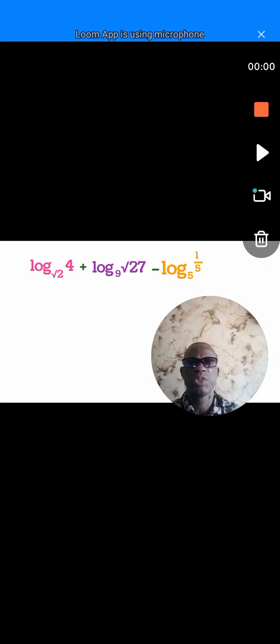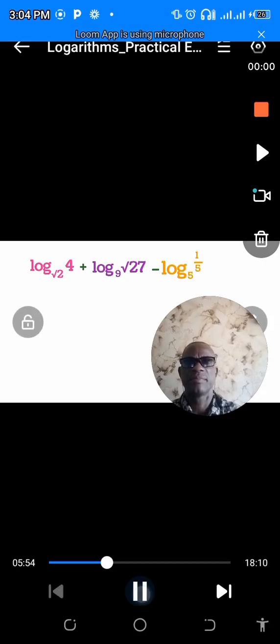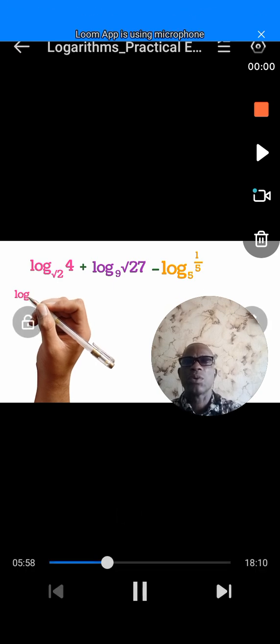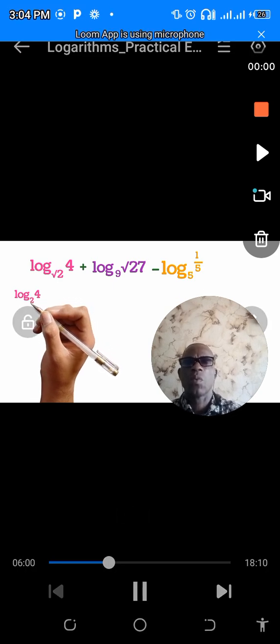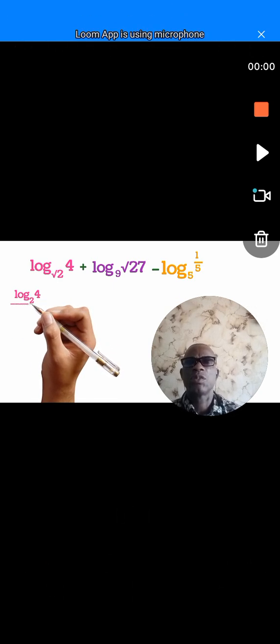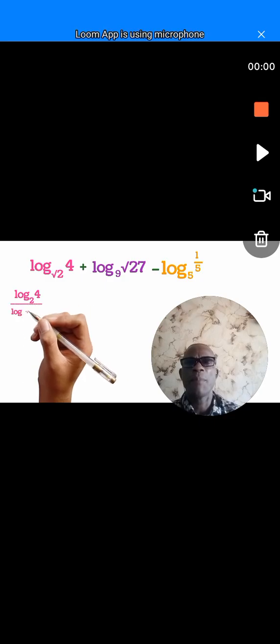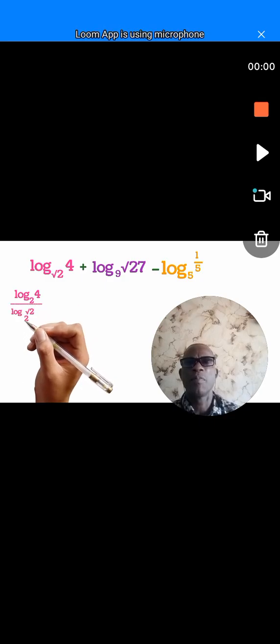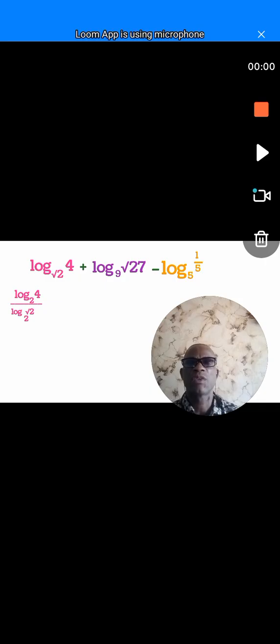That is just what we need to do. So we go ahead. We have log 4 base 2 over log root 2 base 2. We have changed it already. This is how to change it.